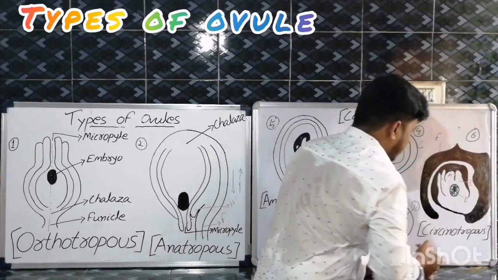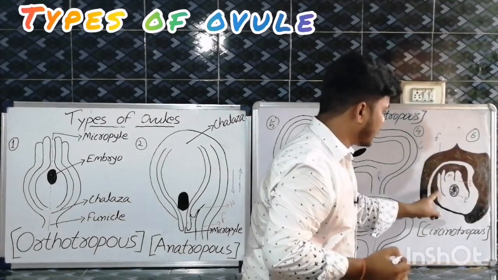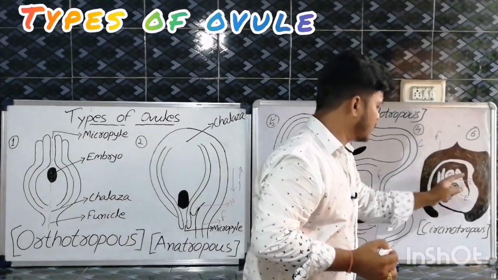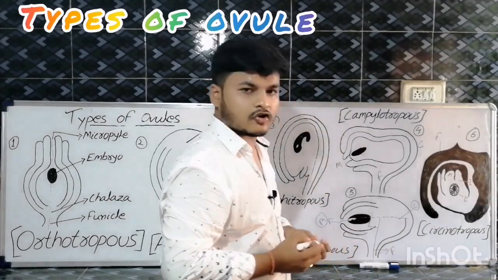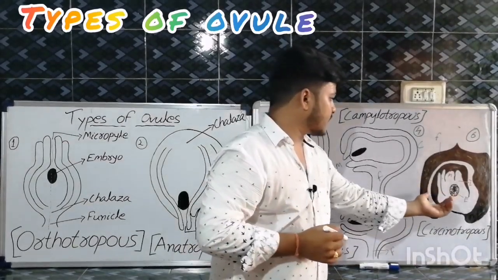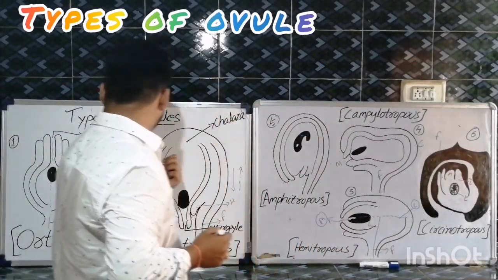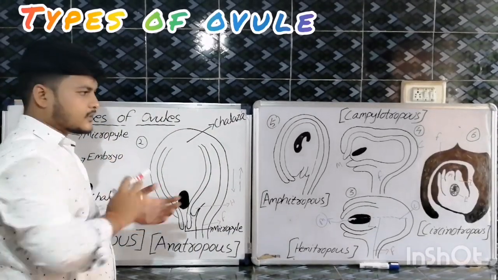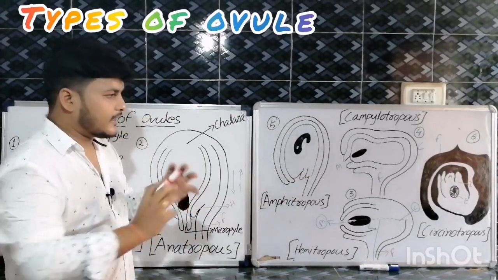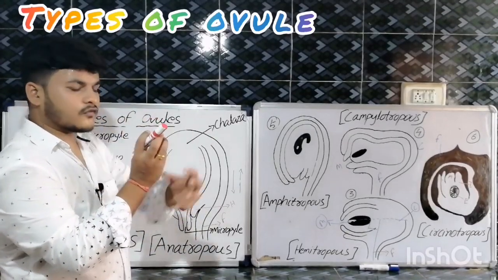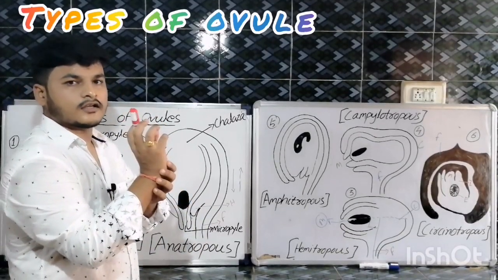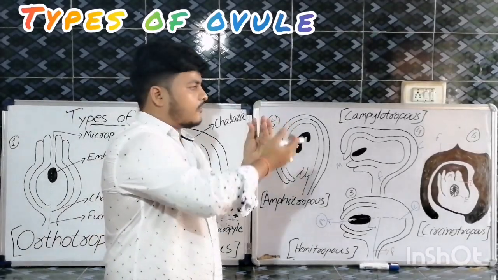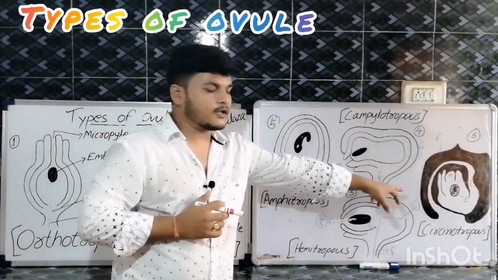The funicle and micropylar end have a turn itself. This type of ovule is the circinotropous ovule, and you may take it as looking like your orthotropous ovule. But in the orthotropous ovule it is simply upright, whereas in the circinotropous ovule the funicle totally covers the structure, but the embryo sac is upright and the funicle part is the cover over it.